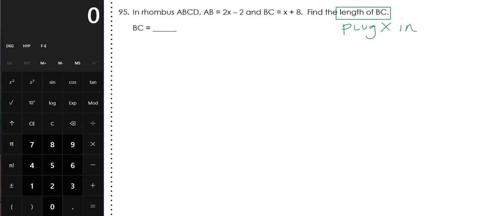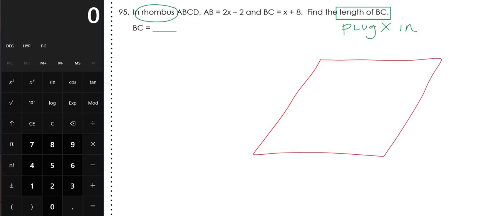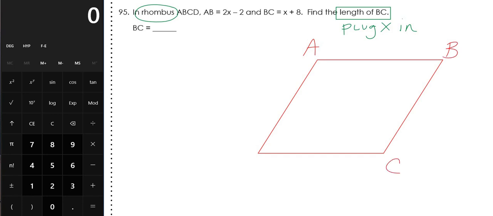Keep that in mind. All right, so we're looking at a shape that's a rhombus. So let's go ahead and draw that. So let me draw a big rhombus here. Okay, so now my rhombus is labeled A, B, C, and D. And then they're talking about AB.